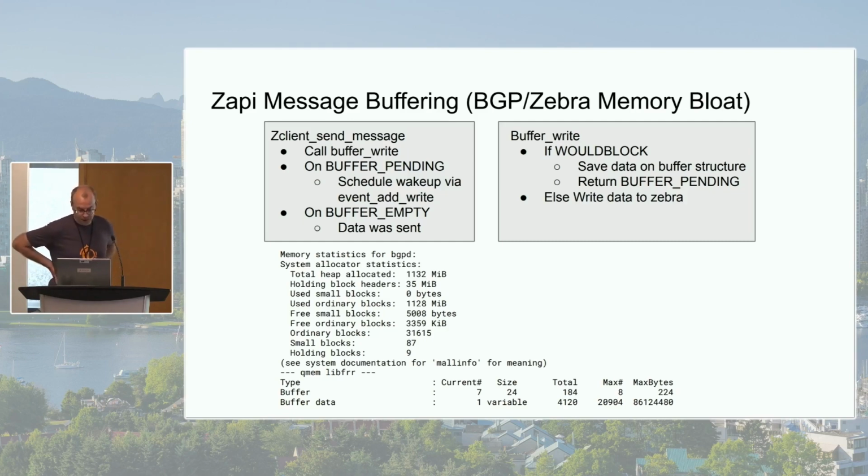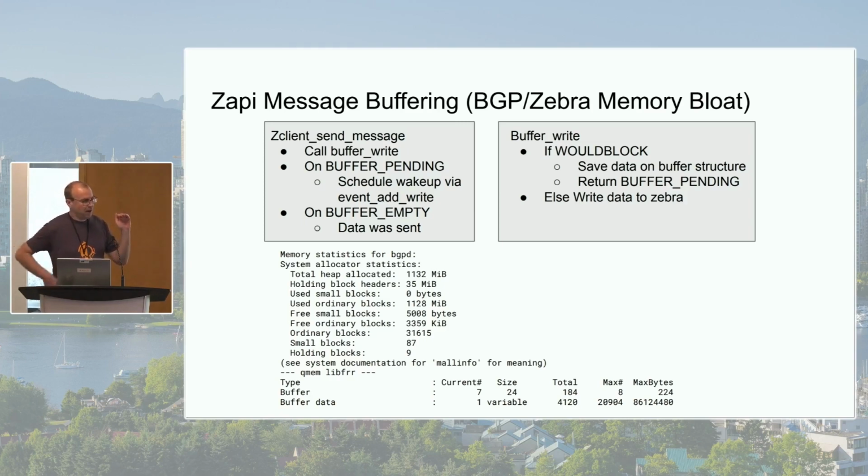And you can see down at the bottom here that we have 86 megabytes of data that we haven't sent down to Zebra that BGP's holding on the side. Now, one of the problems with this is that if I have a link that's flapping, I can have a route that is going from three-way ECMP to four-way ECMP back to three-way ECMP.